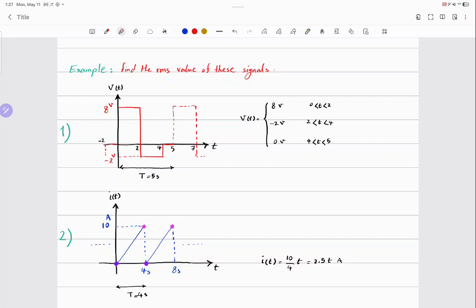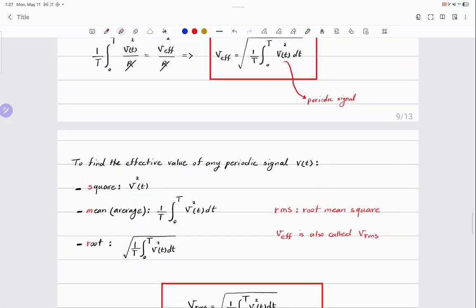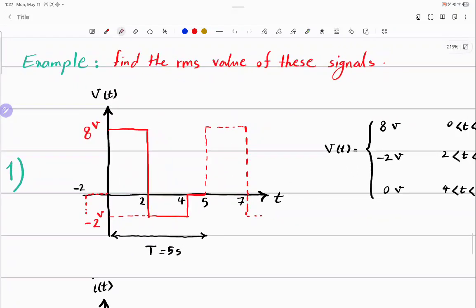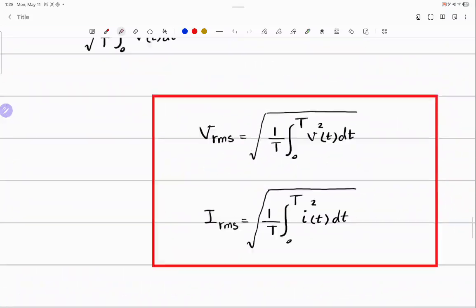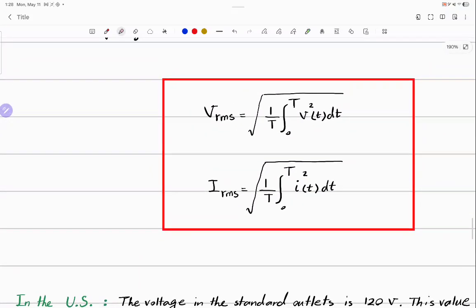One question. Since V effective is dealing with an integral, and I have the plot, instead of having to calculate the integral, can I just go for the areas or no? Can I deal with the area instead of integrating?